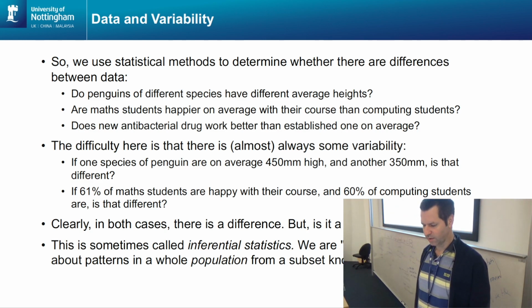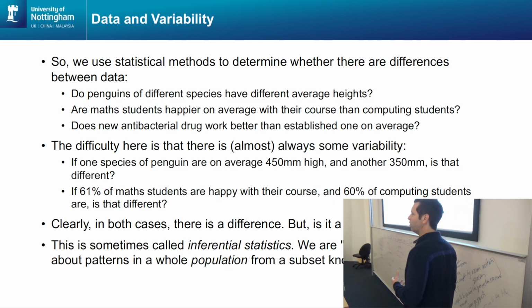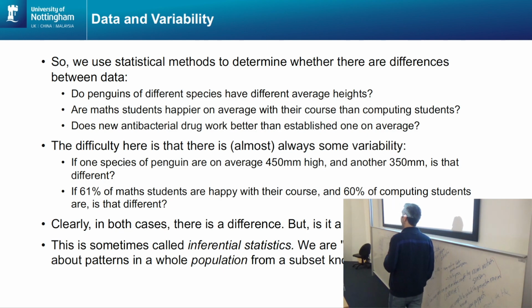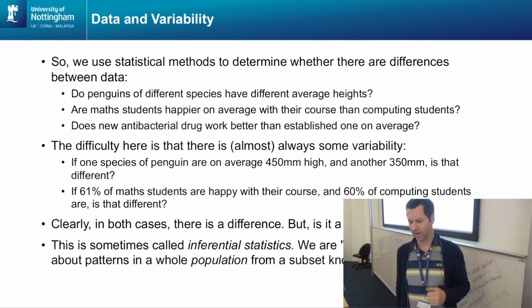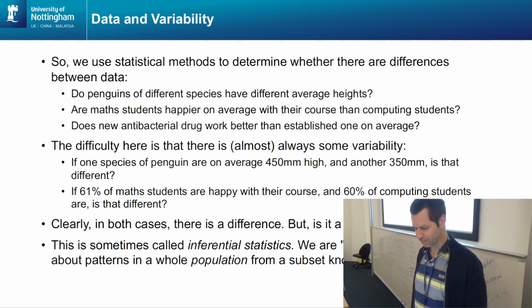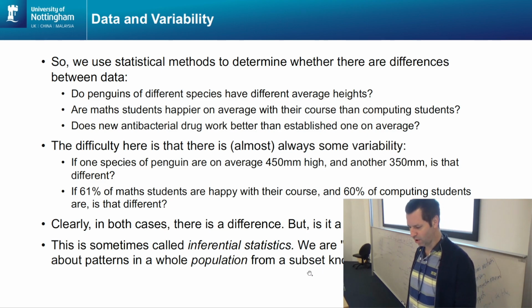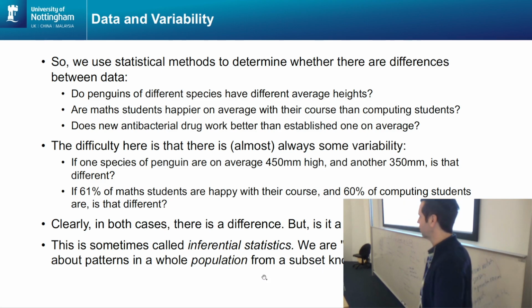So in both cases, there is a difference, but is the difference significant or robust or however you want to call it? Can we say how confident we are that those things are different in a meaningful way? This is also called inferential statistics.